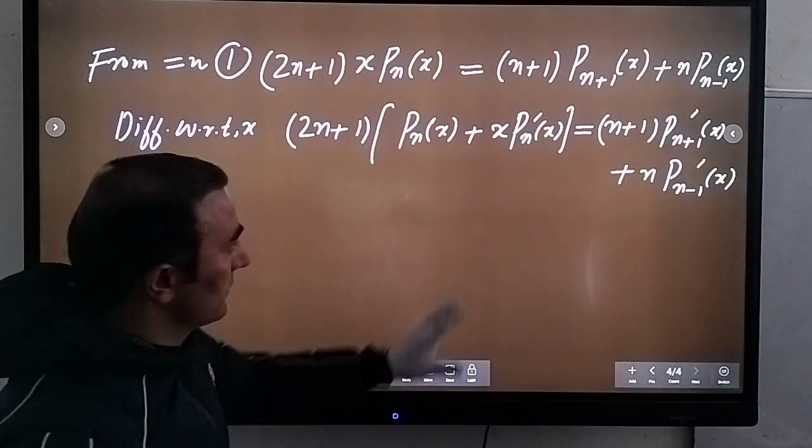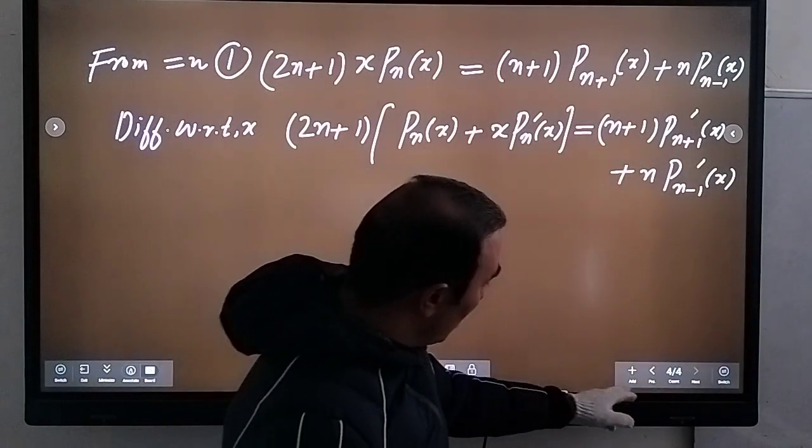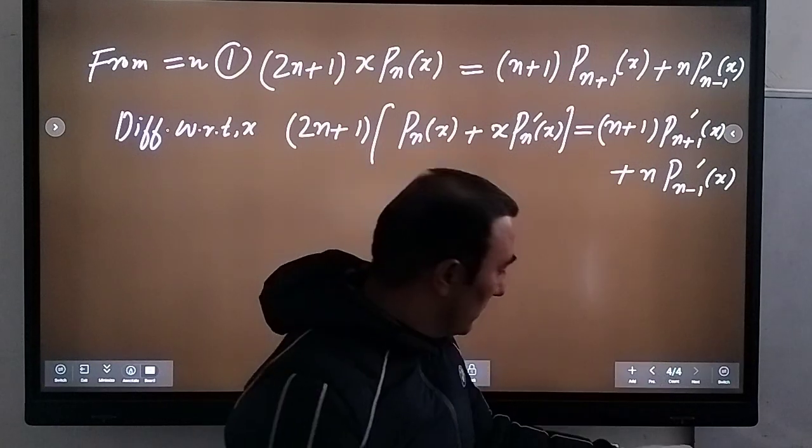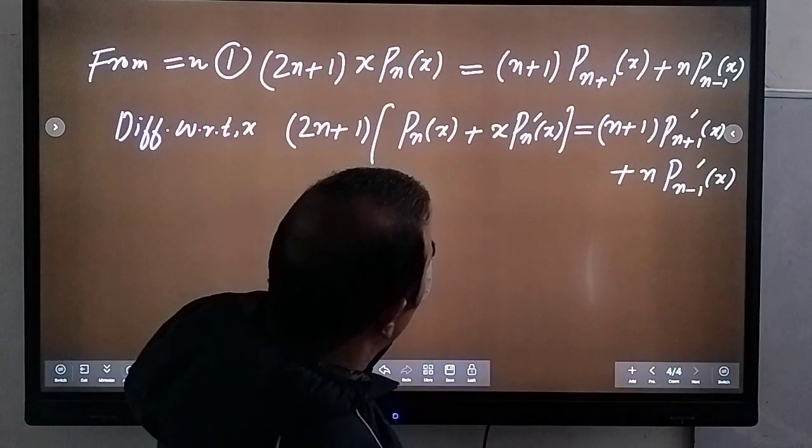Okay. I simply differentiate this first equation. Now you use the previous equation now, right? Because so you just check.